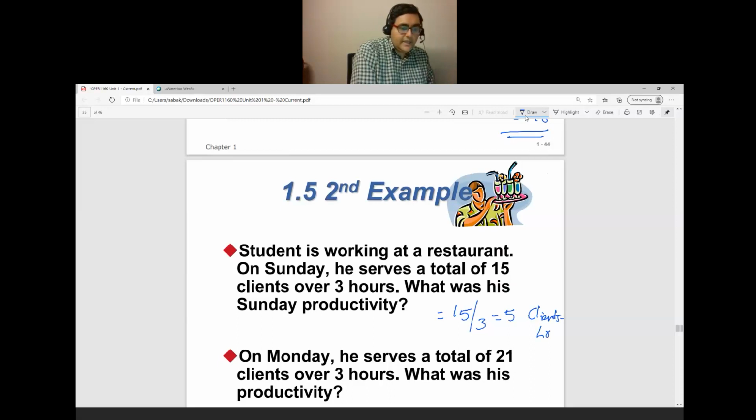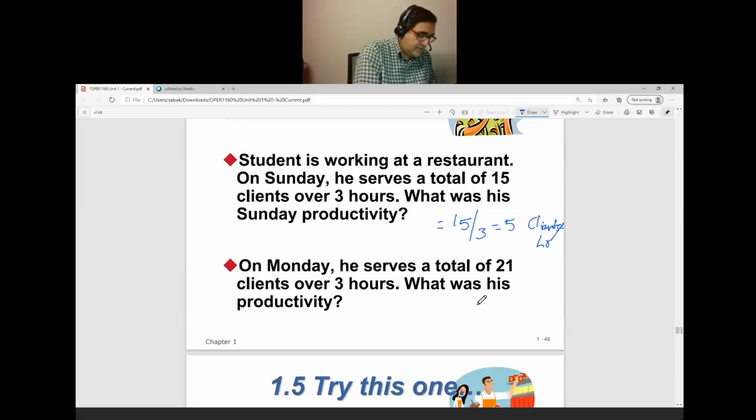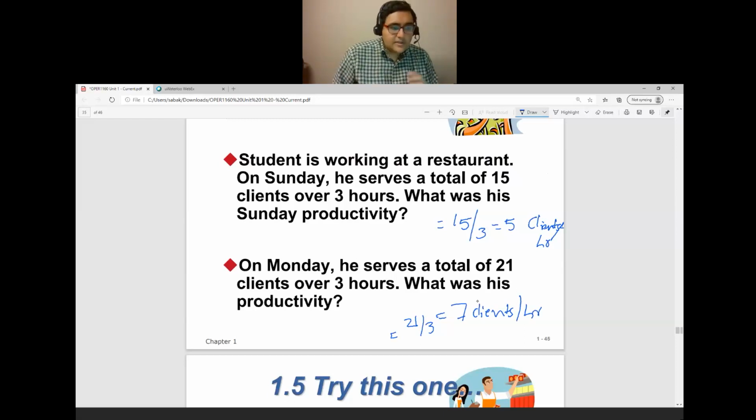So in the first case, the student is working at a restaurant, where he serves 15 clients over 3 hours. So how much is his Sunday's productivity? 15 divided by 3, which is 5 clients per hour.